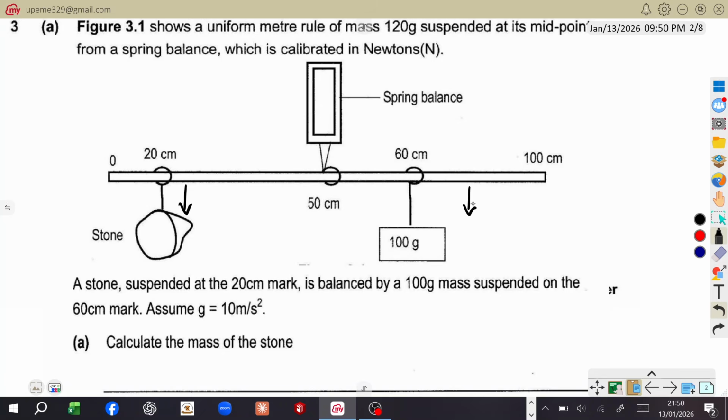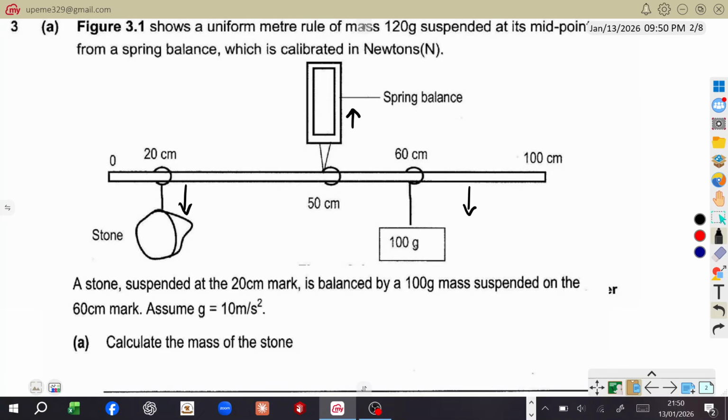So these are the masses acting downwards. Then there is another force which is upward. The downward forces are the ones that are going to make the reading here, because they're pushing this thing down and they are causing the spring to go down.